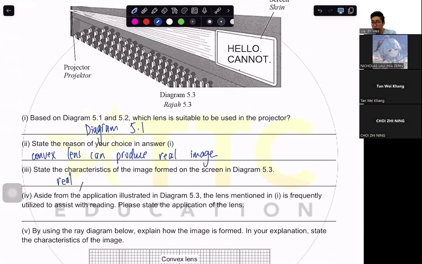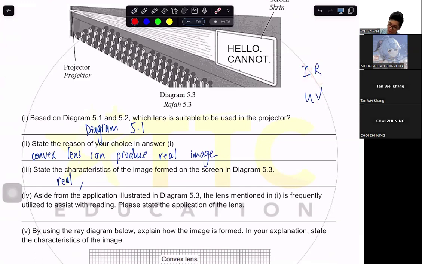Now, real always matches with inverted. I don't know whether I taught you all this before or not, but we have IR and UV, infrared and ultraviolet. No, it's actually inverted always matches with real, upright always matches with virtual. It's fixed already. All virtual must be upright, all real must be inverted.